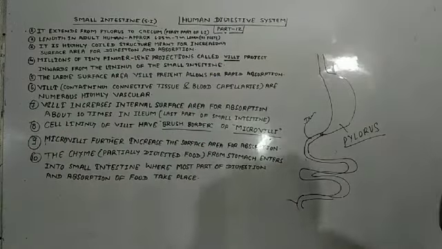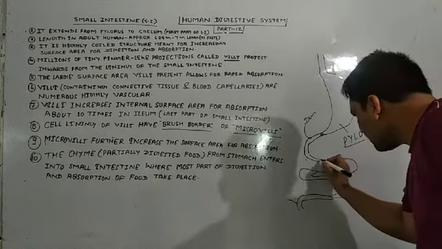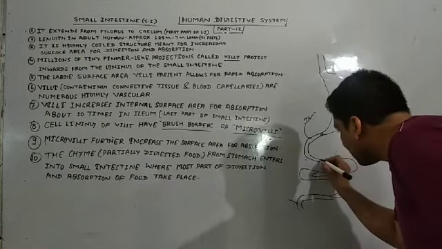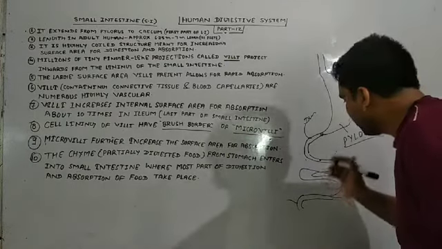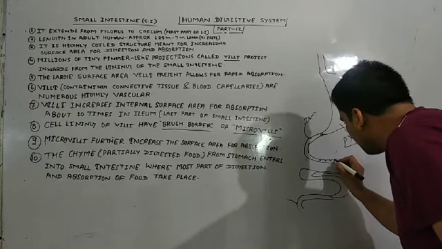Students, this is also a very important point. In the wall of the small intestine, if you view it in a microscope, you can see multiple finger-like projections like this.